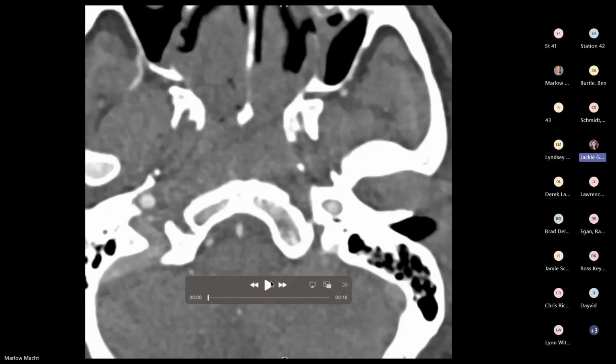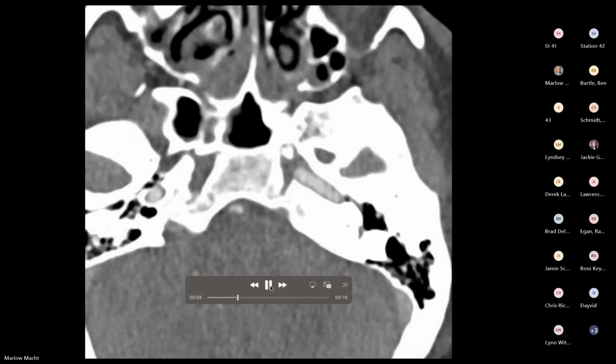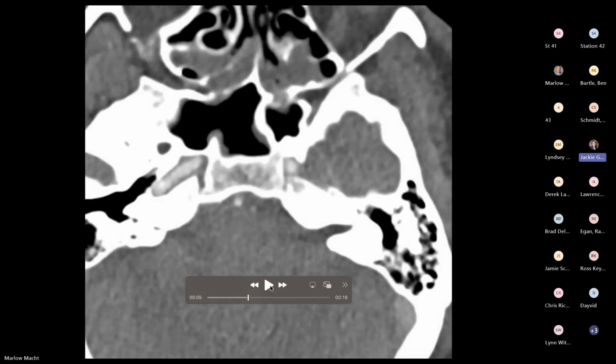If you want to run it, and then what you guys can't see, there's this white circular dot, just if you're looking inferior to the calvarium. Can you circle over that real quick for them? There. So that's the basilar artery, and that is the contrast in the blood vessel.